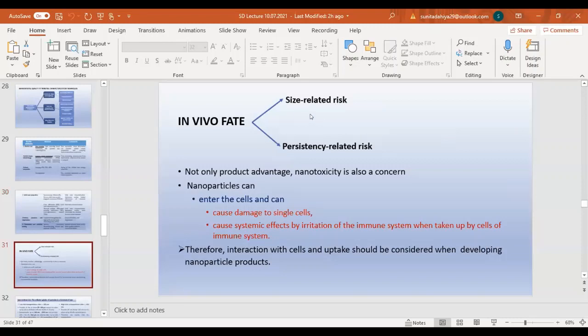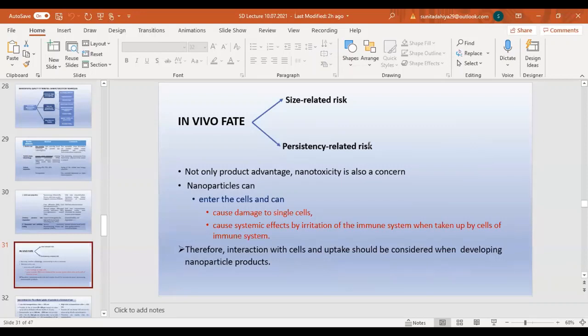Now coming to the size related risk and persistence related risk. We think that everything is good about nano. When we think about nano, we think they are very sophisticated and very safe. But safety is a question, because when we consume them, either by ingestion, inhalation or injection, we should know the in vivo fate of the nanocrystals.